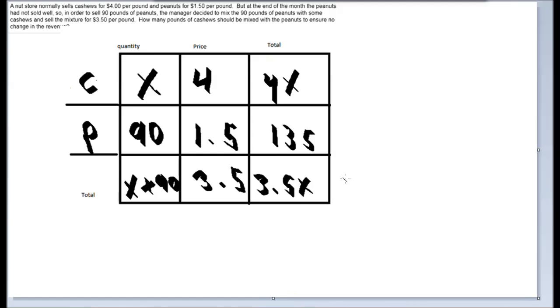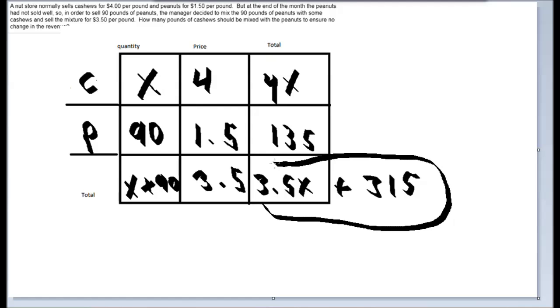And then plus, I'm coming outside of my box here a little bit because I didn't make my box big enough, 3.5 times 90, which is 315. Okay, so notice that this is all together right here inside this box. I just didn't have enough room to write it. That's 3.5 times x plus 3.5 times 90, which is 315.